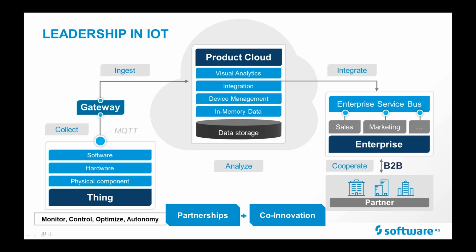And we complement that leadership with two main things. At the bottom you will notice partnerships and co-innovation. We have a number of partnerships with the leaders in the IoT industry right now. There's a lot of innovation going on, and we have partnerships to take advantage of those innovation ecosystems.